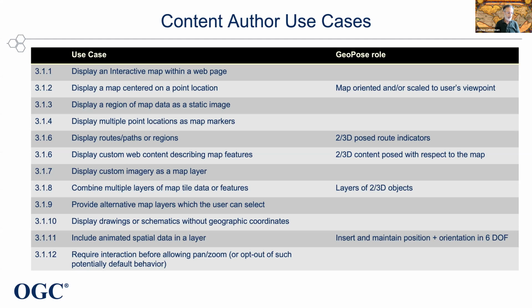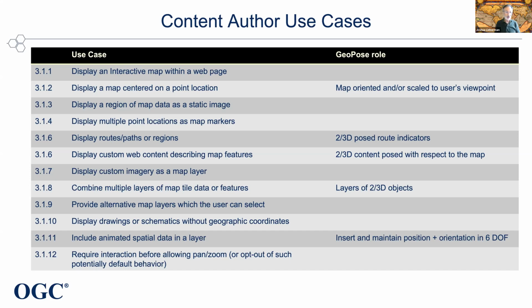So not only saying we have some sort of assumption that indicators are aligned according to the route, but we can actually have objects relevant to the route that are aligned in the map as someone on the route would see them. And as far as displaying custom web content, that's the same thing.